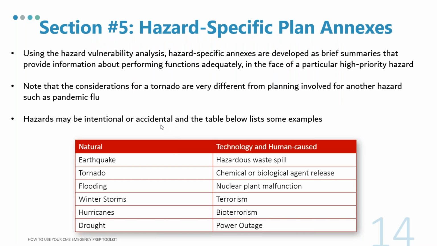Okay, section 5 is hazard-specific response guides. A response guide is a way to identify issues during a specific type of hazard. It could be anywhere from a tsunami to a hurricane to a fire to an earthquake.